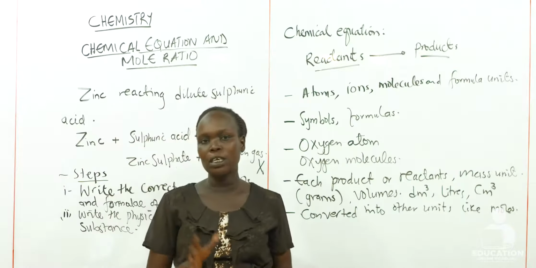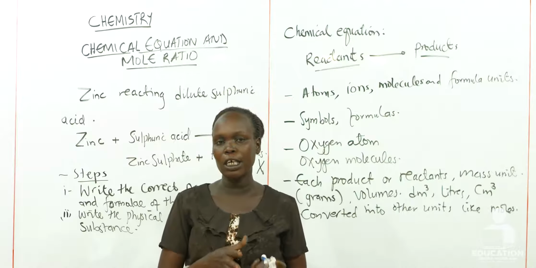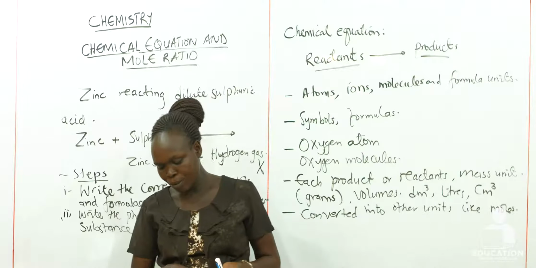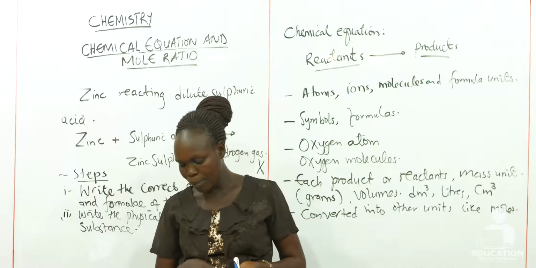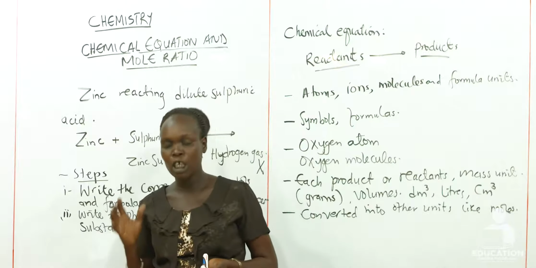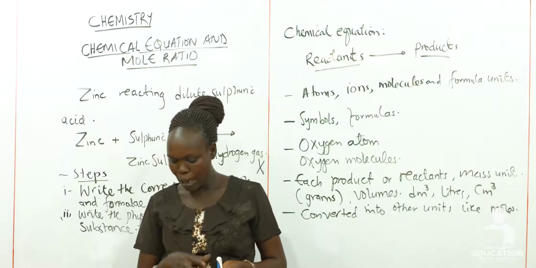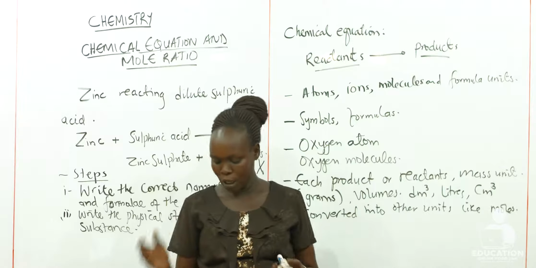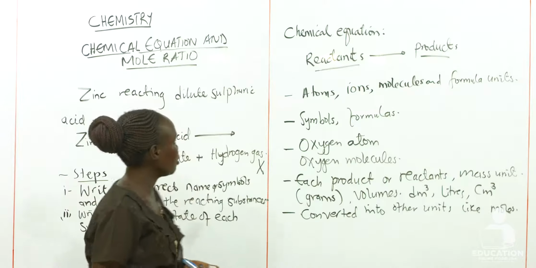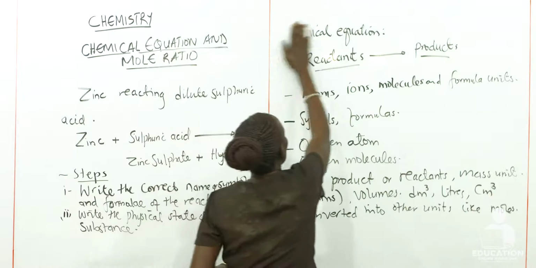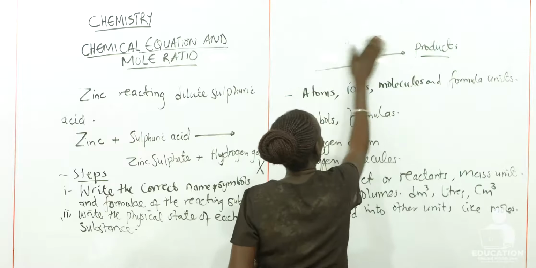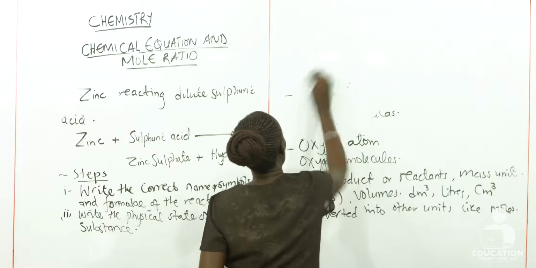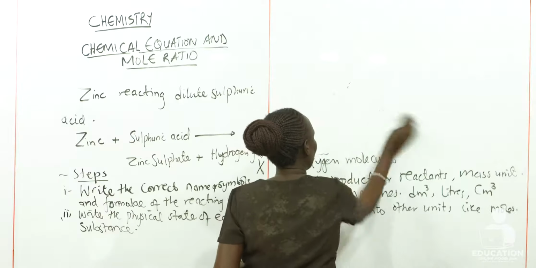What else is needed when you are writing the chemical equation? The last thing is the amount of the reactants and the products involved in the reaction. So the third step is to write the amount of the reacting substances.